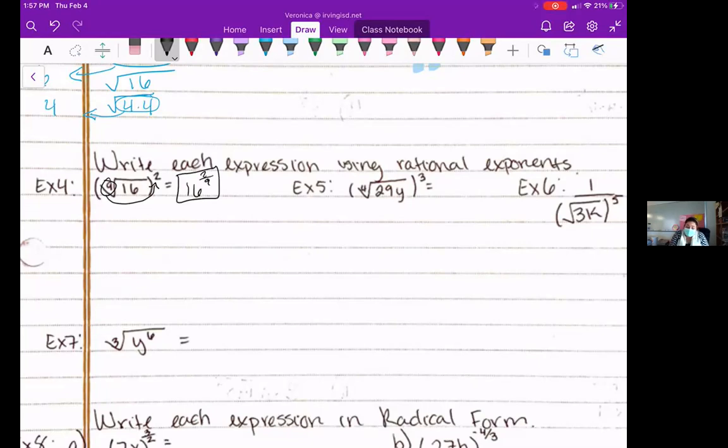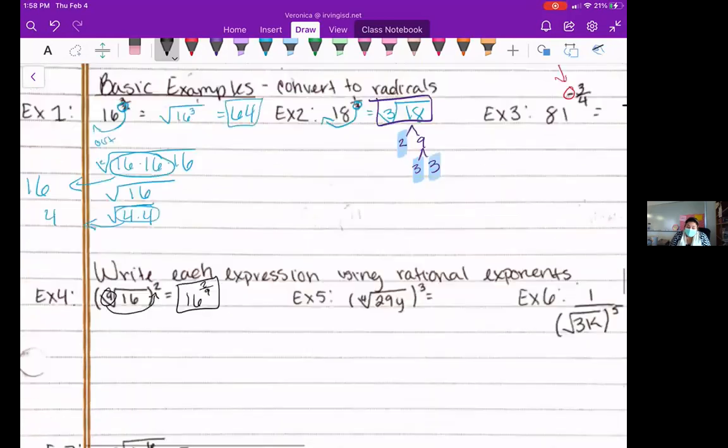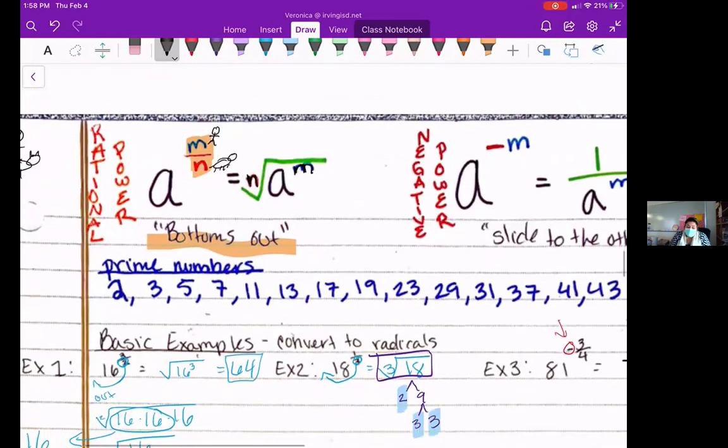So example 5. I was going to simplify some of these, but nah. So for example 5, what do we have? Let's look at the law again, right? We're starting from here now, and whatever's outside is going to go to the bottom.